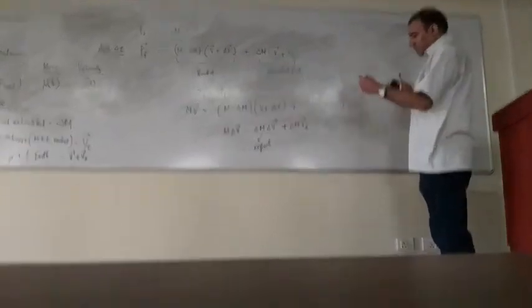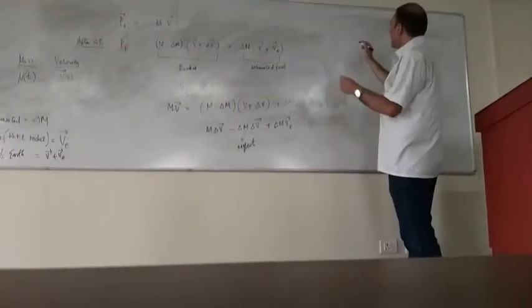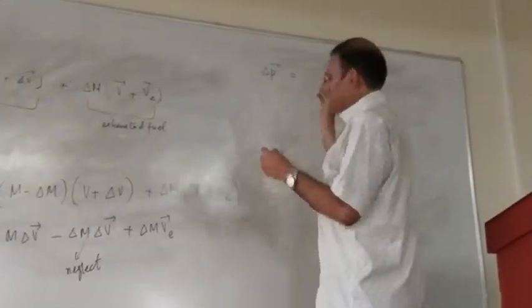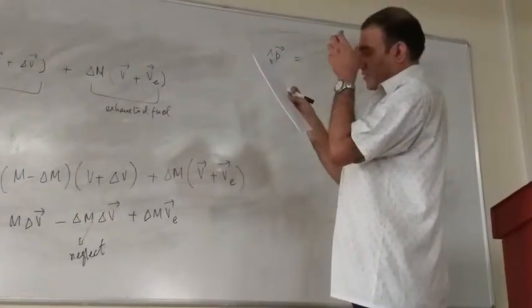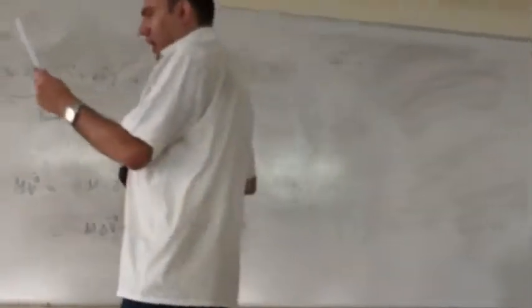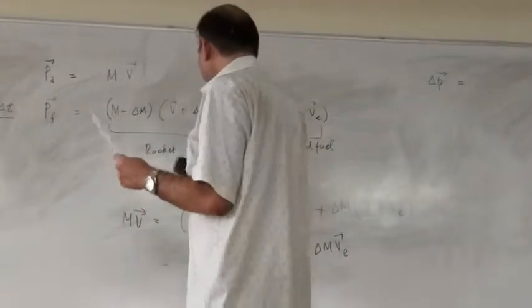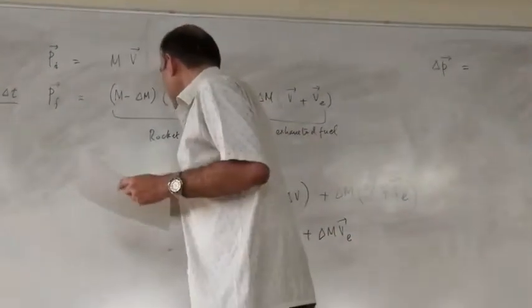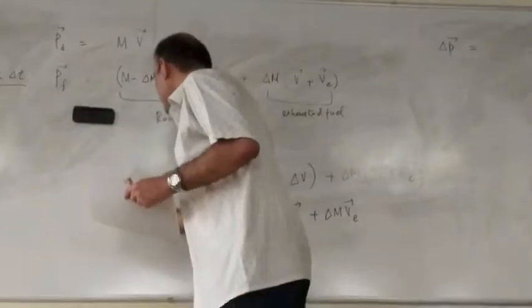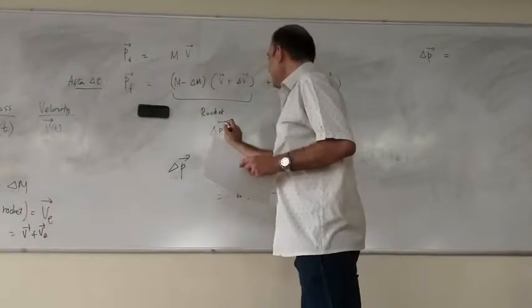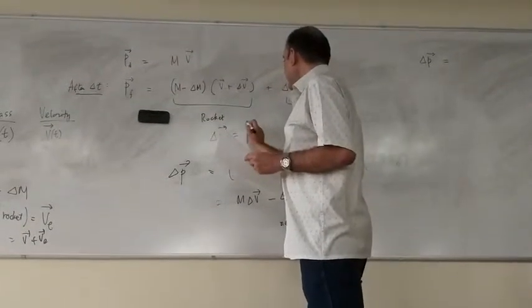Okay, so the resultant will give you that delta P. So this is basically the change, delta P, which is Pf minus Pi.